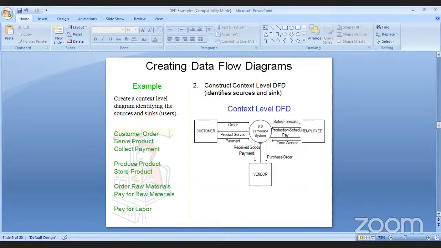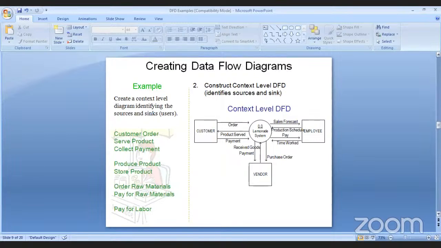The system will give a sales forecast, how many quantity of the concerned product is required by the customers. It will do a forecasting of the sales strategy. Then accordingly, the production schedule will be decided by the employee.